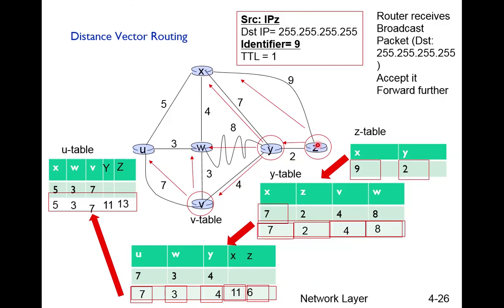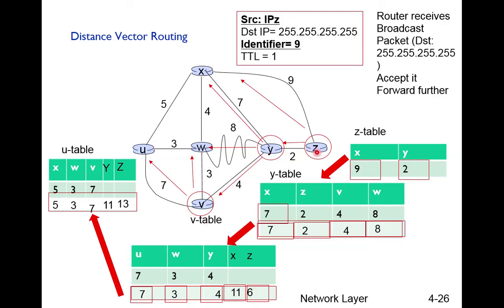After some time, for example after every 5 seconds, a node will transmit its complete table to its neighbor if there is no change in the table. But if there is a change in the table, for example when v receives this information, the v table is changed, so it will be transmitted immediately. It will not wait up to 5 seconds.